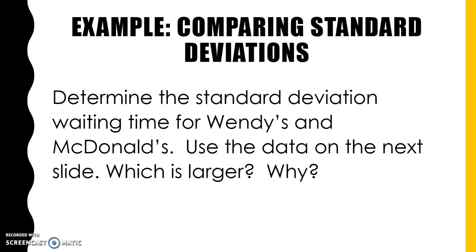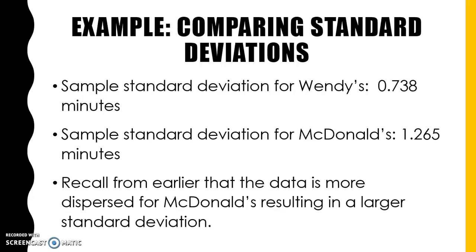So we go back and compare the two standard deviations for McDonald's and Wendy's. The sample standard deviation for Wendy's is 0.738 minutes, and the sample standard deviation for McDonald's is 1.265. Looking at the range, we saw that McDonald's was larger than Wendy's, so we anticipate the standard deviation would be larger, and that's because there's more dispersion.